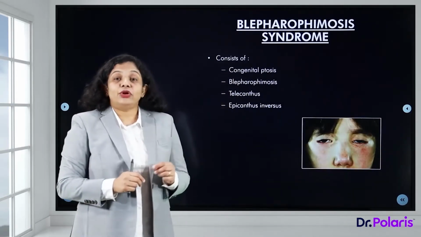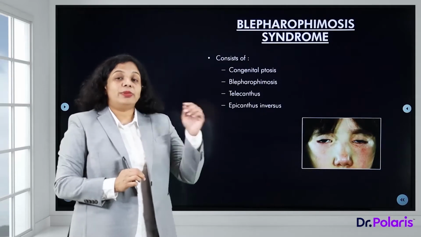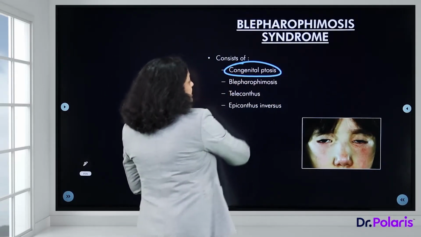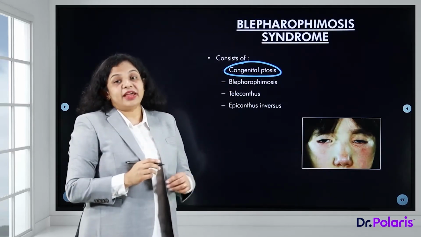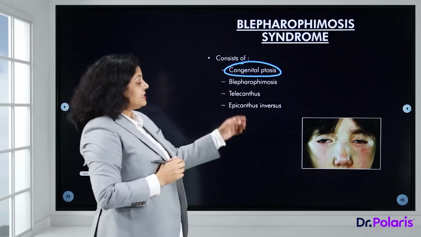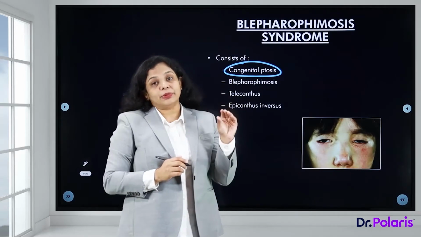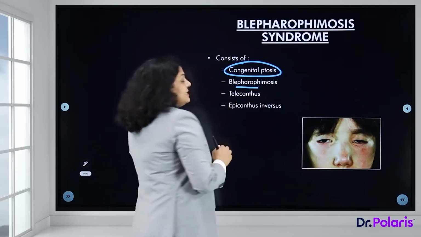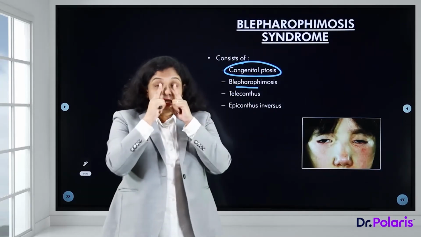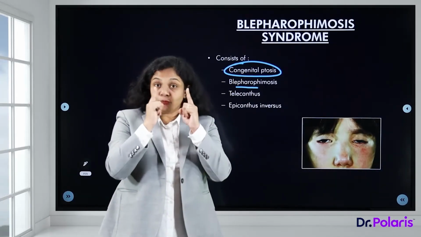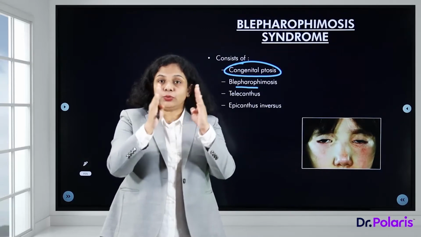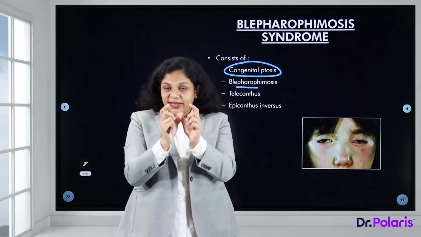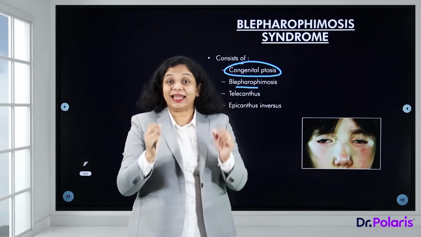Coming on to BLEPHAROPHIMOSIS syndrome. In addition to your congenital ptosis, the child will have BLEPHAROPHIMOSIS, that is small palpebral apertures of your eye. There will be telecanthus. Telecanthus means the medial canthi of both the eyes appear to be further away from each other, that is, the eyes are placed a little away from each other.